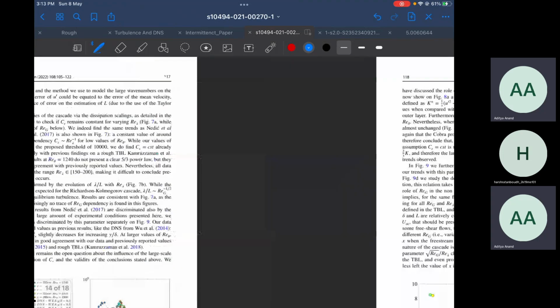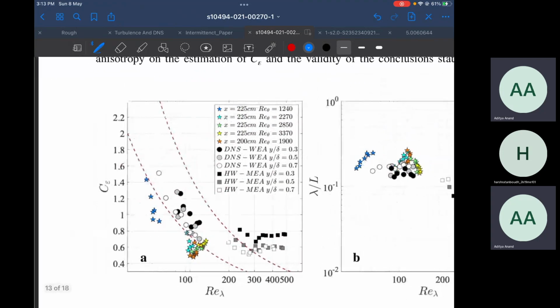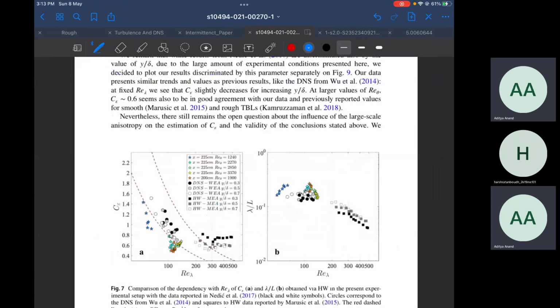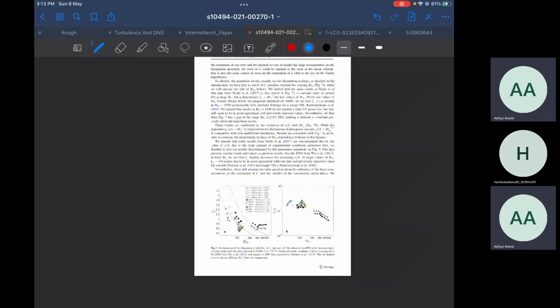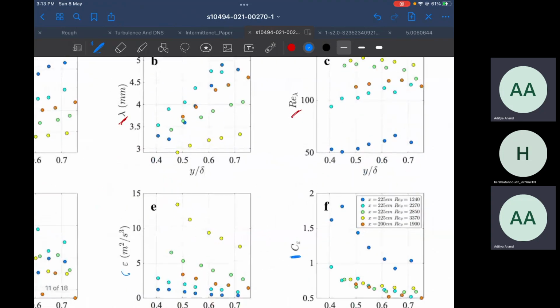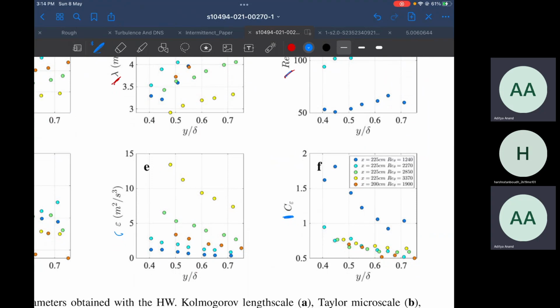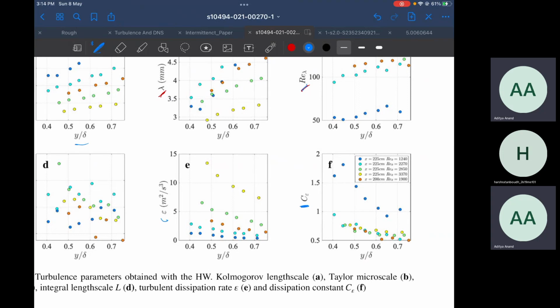Okay, so what they observed is, they have plotted the dependence of that constant with Re lambda. This they have obtained by using this. So at each wall normal location, your Re lambda is different and C epsilon is different. So using these two plots, they have plotted C epsilon as a function of Re lambda.